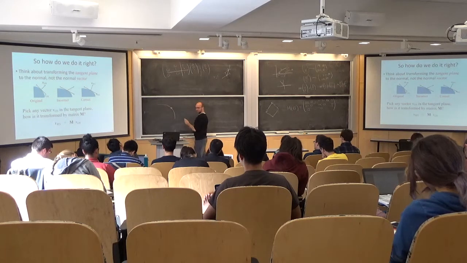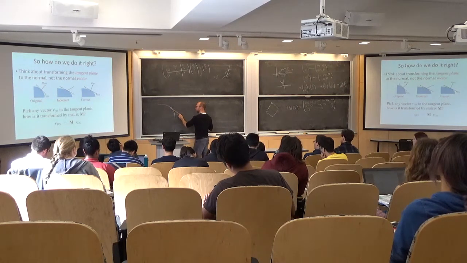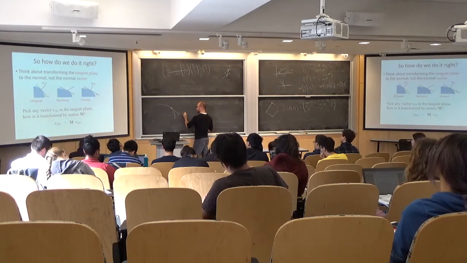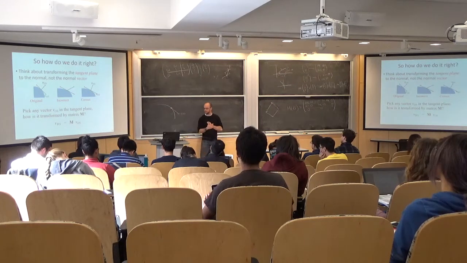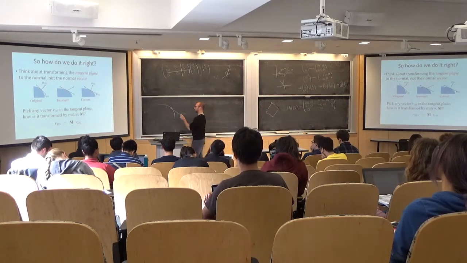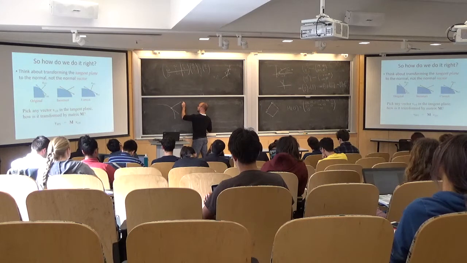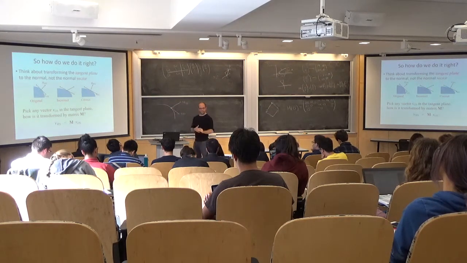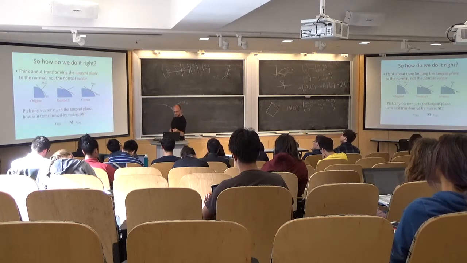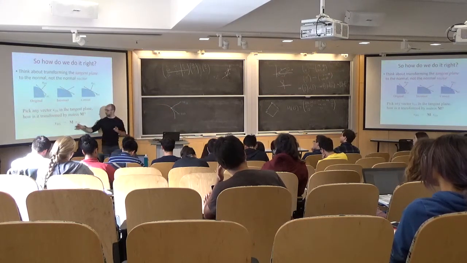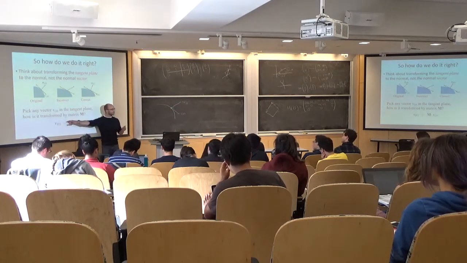Here's my object, and let's say that it has a tangent vector v in object space. And it has a normal vector, and in object space, these two things are perpendicular. And now I have a matrix M, which takes me from object space to world space.